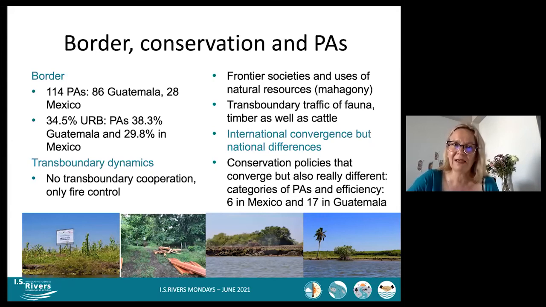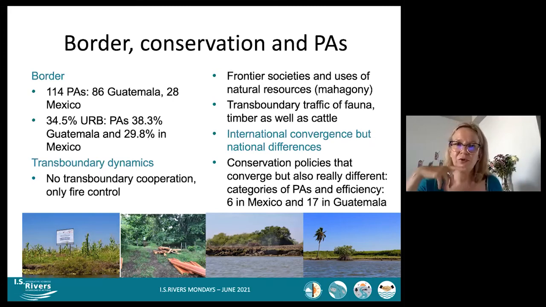The Usumacinta River Basin saw several waves of colonization in its history. We talk about frontier areas because we see the frontier of agriculture advancing into the tropical forests and their extraction societies.